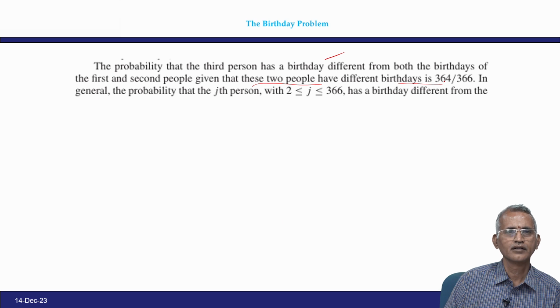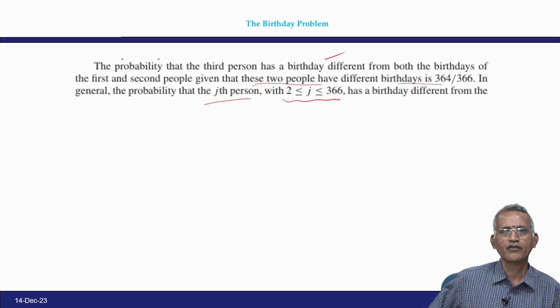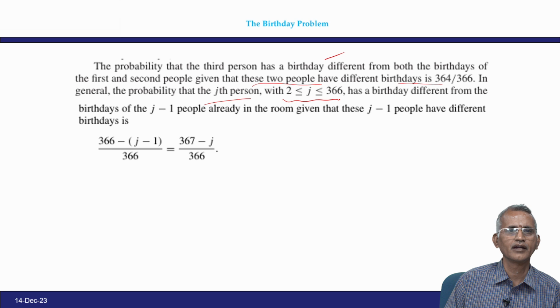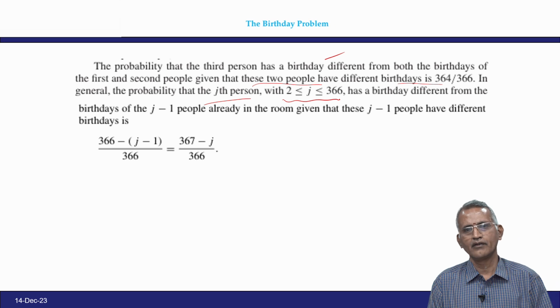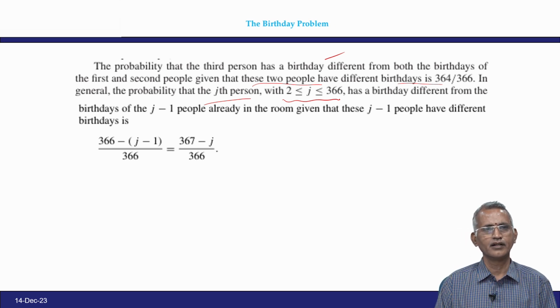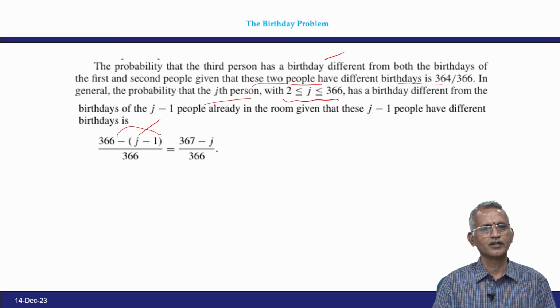In general, the probability that the jth person, with j between 2 and 366, has a birthday different from the birthdays of the j minus 1 people already in the room, given these j minus 1 people have different birthdays, is, with favorable cases 366 minus (j minus 1), divided by 366, that is, 367 minus j, by 366.